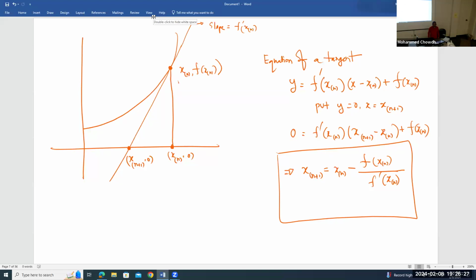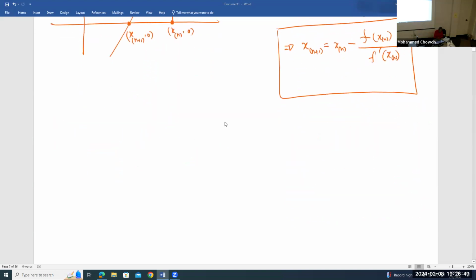400 years ago, Newton, who thought about the apple. So let me give you one real life example. f of x equal to x square minus 4x minus 7 equal to 0.